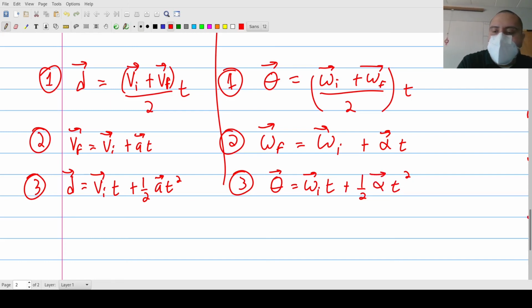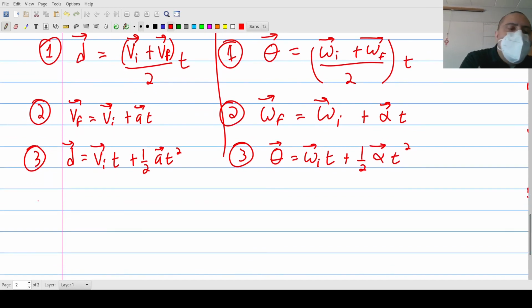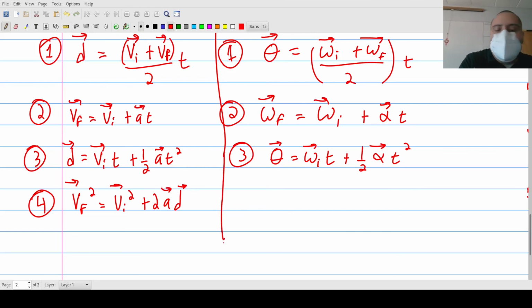There we go. And finally, you might remember this last kinematic equation: v final squared equals v initial squared plus 2ad. Vector, vector, vector, and vector. Well, guess what? There's an equivalent one of that too, and it looks like this: omega final squared equals omega initial squared plus 2 alpha theta.